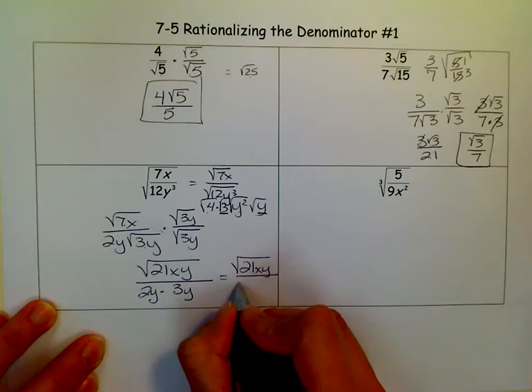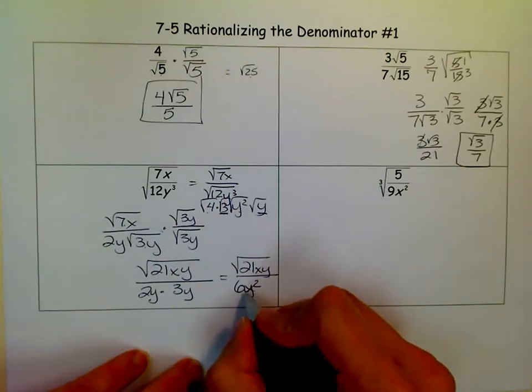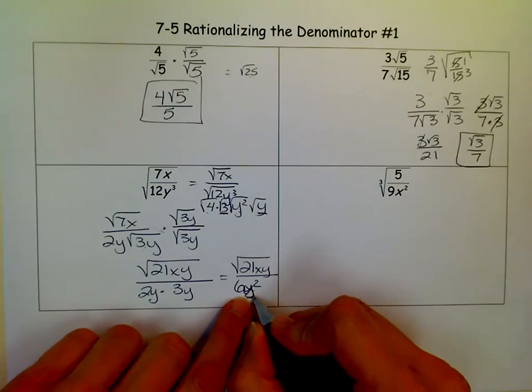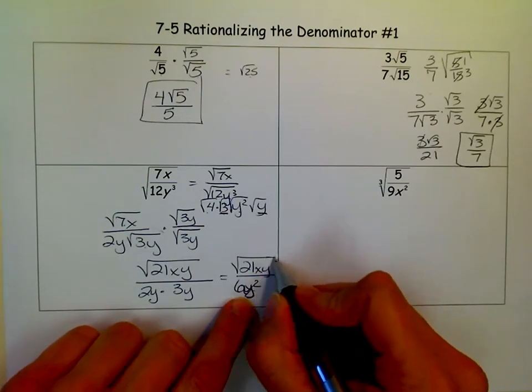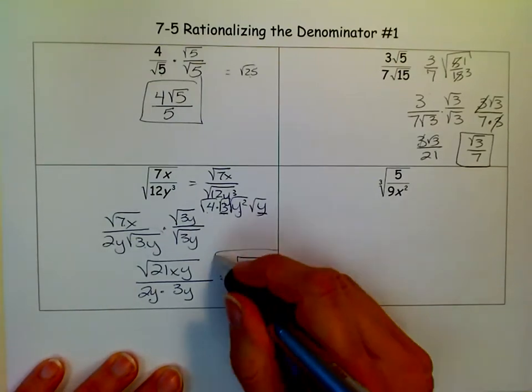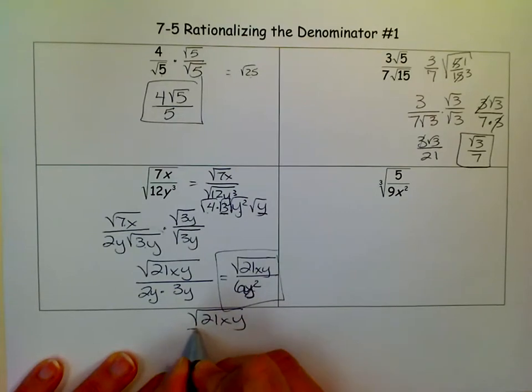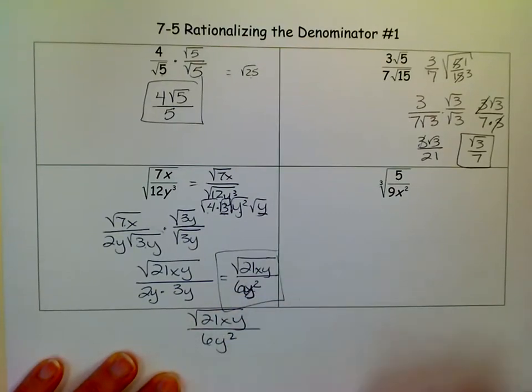And I get y squared. Notice that this is outside a radical, this is inside a radical. I cannot cancel things that are one inside and one outside. So this is the answer. And I could have written that neater. There we go.